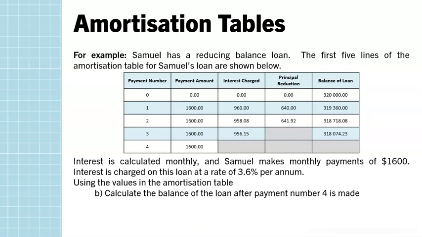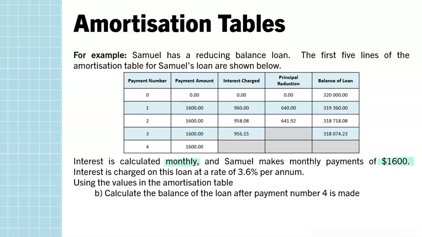Another example of what we may be asked to do with an amortisation table is to find, with a blank row in the table, the balance at the end of that payment. So if we're calculating just with the table, there's a few steps of calculations required here. We this time have some more information to help us do that. We can see that our interest is calculated monthly and Samuel's making monthly repayments of $1,600.